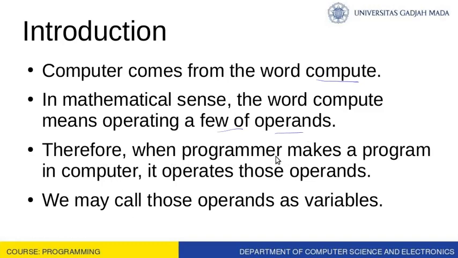Therefore, when a programmer makes a program in a computer, it operates on those operands. And then we may call those operands variables. So in a mathematical sense we call them operands, and in a programming language we call them variables.